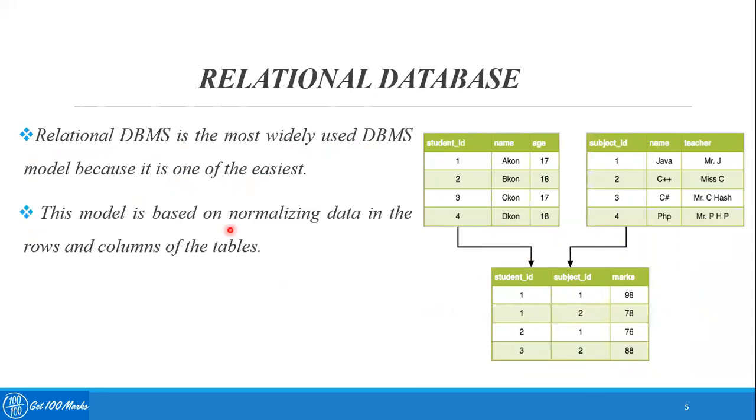This model is based on normalizing data in the rows and columns of the table. The process of normalizing refers to creating one single identity for any particular data and making a connection with that identity with the other related data.